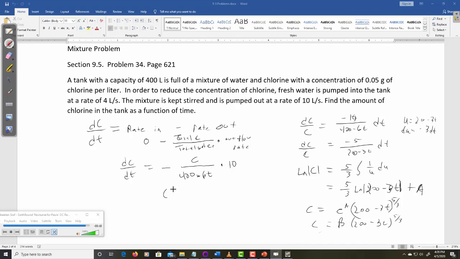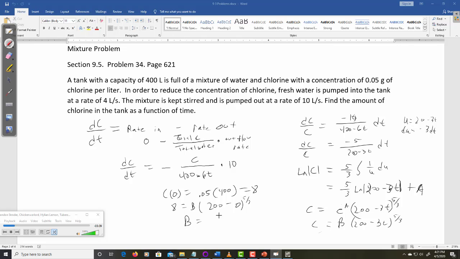All right, at time 0, C of 0, we had 0.05 times 400, which I believe is 8. So 8 equals B times 200 minus 0 to the 5/3.